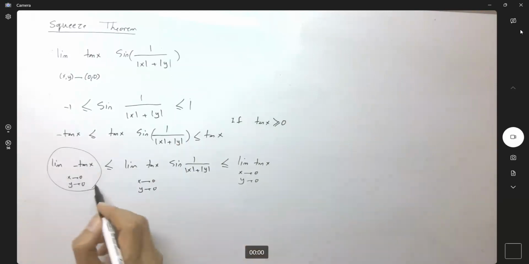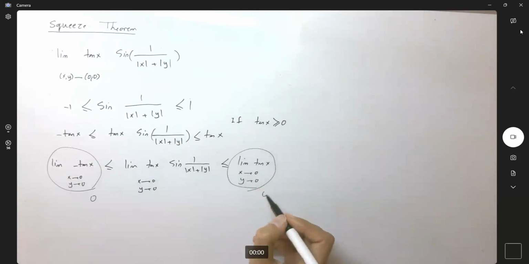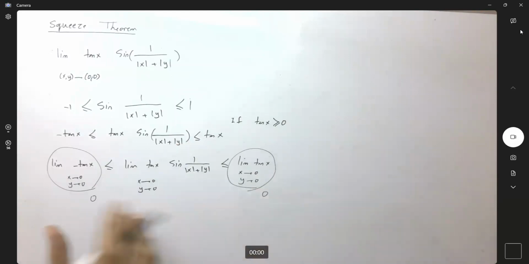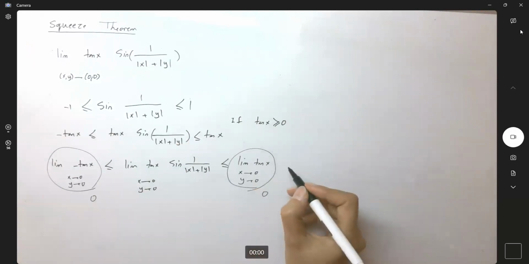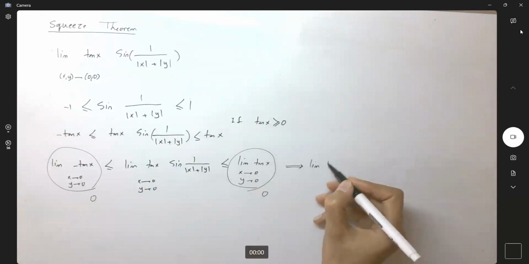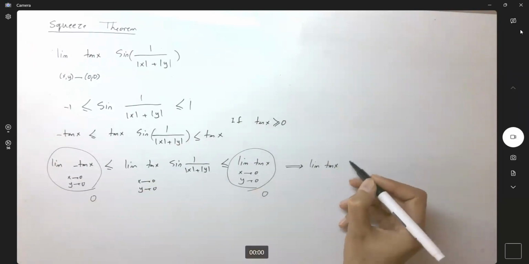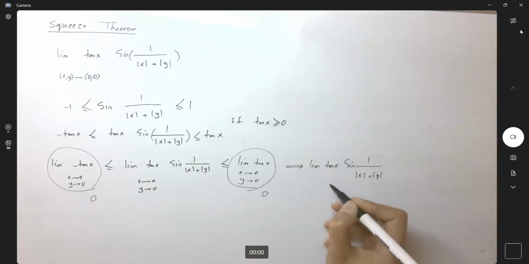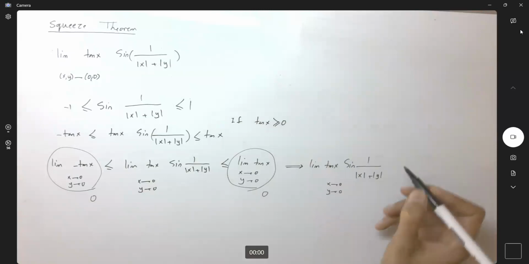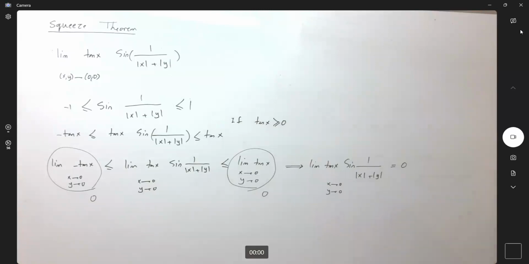But these two are both 0. Am I right? So the squeeze theorem guarantees that the limit of this function must be equal to 0. Limit of tangent of x times sine of 1 over absolute value of x plus absolute value of y as x and y go to 0 is equal to 0.